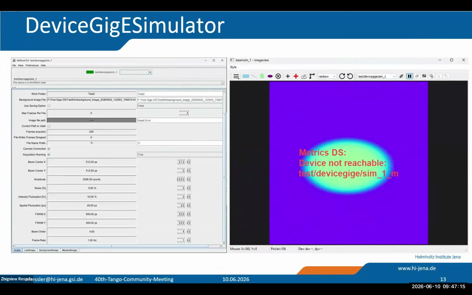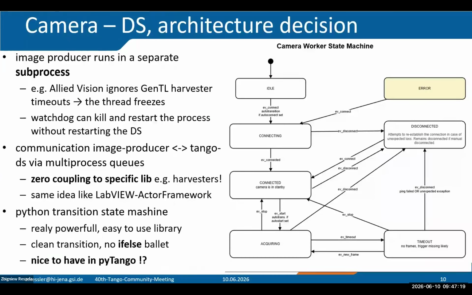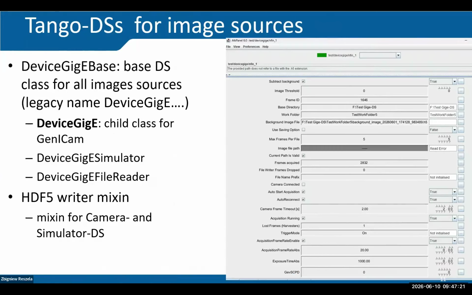Okay. If you change something, I go some slides back. If you change, for example, the exposure time, it will be stored in a dynamic but also persistent attribute in Tango, and after a load it will be set to the same.